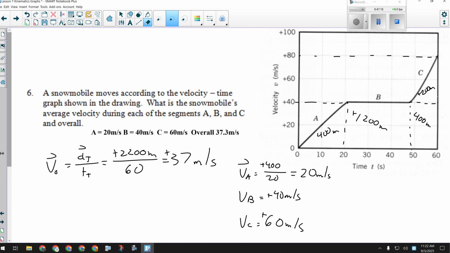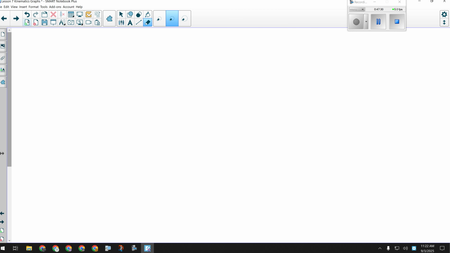Okay, we have a couple of minutes here, so I just want to quickly talk about significant digits. Okay, how many people have done significant digits already? Okay. So for significant digits in physics, what we have to understand is that significant digits allow us to maintain the accuracy of our measurements even when we're doing math with them.